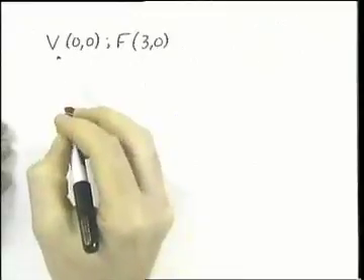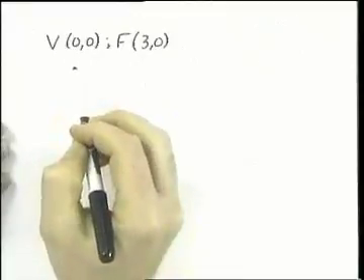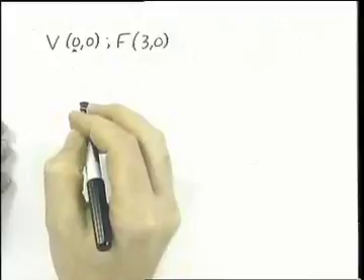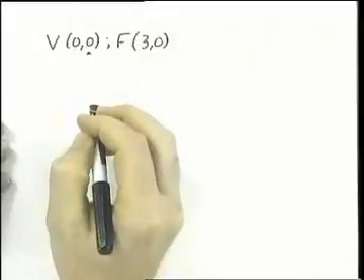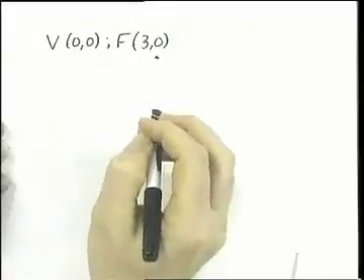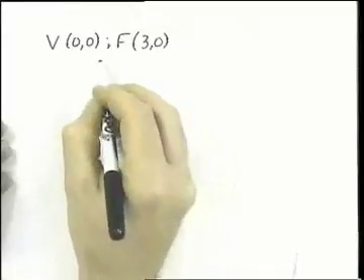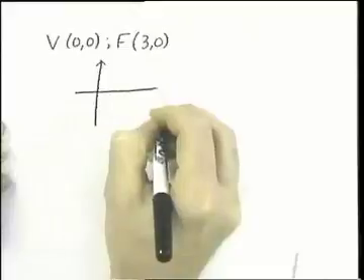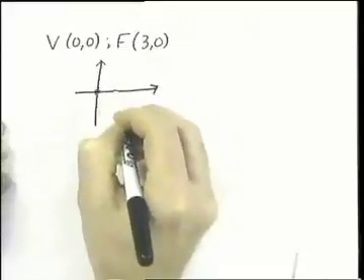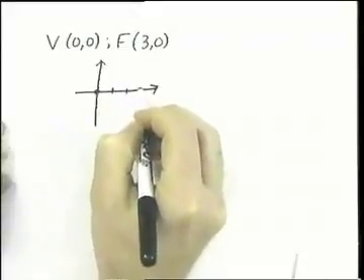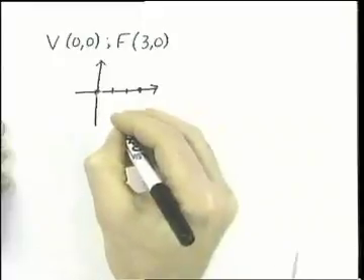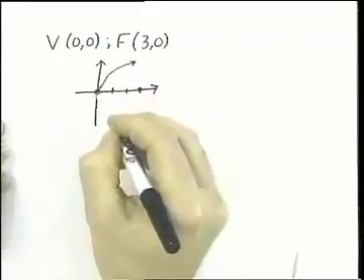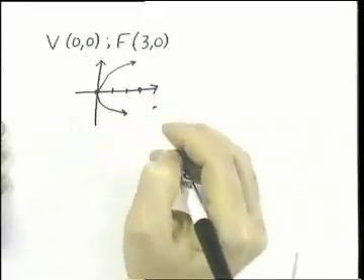In this first example, we're asked to find the equation of a parabola whose vertex is 0, 0, the origin, and whose focus is 3, 0. What we should notice is that the vertex is at the origin and the focus is on the positive x-axis. That would mean that my parabola needs to open to the right.